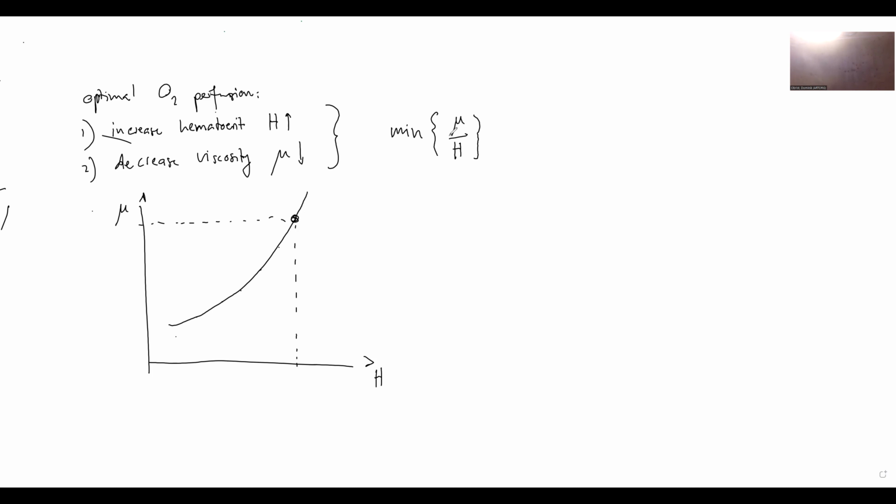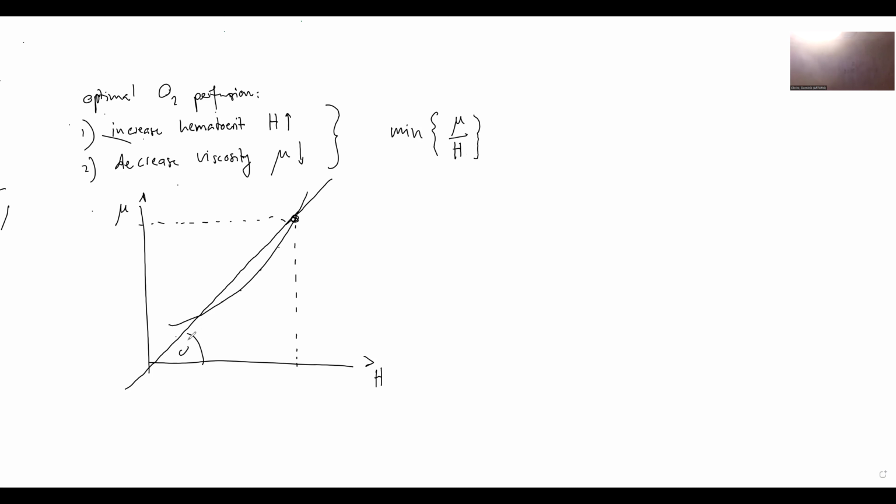Now let's see if we can understand this ratio mu over h a bit better. What is mu over h? If I draw a line here, this is actually the slope of this line.